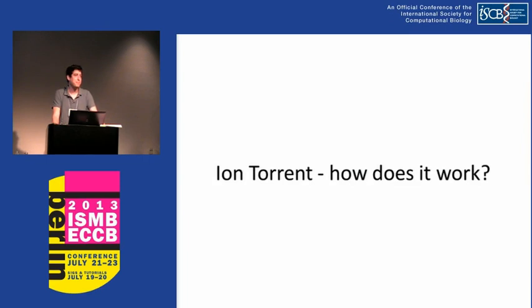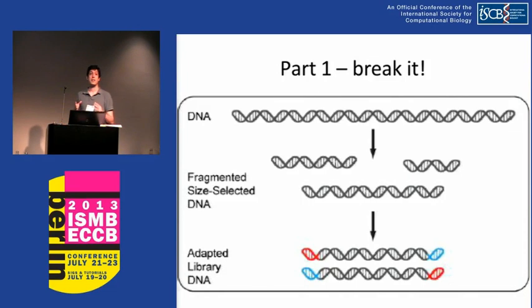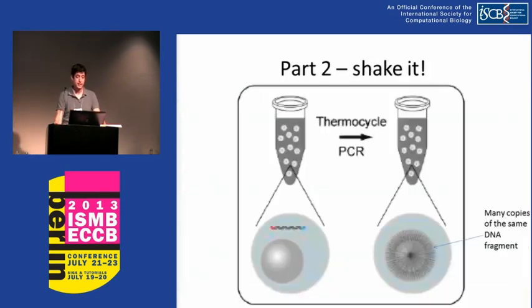So I'll start with a brief overview of the technology, so we'll all be on the same page. You start pretty much as every other sequencing technology. You take your DNA, you break it into small pieces, you add the adapters. At this point, it's rather similar to 454.